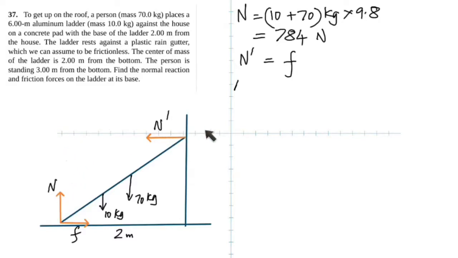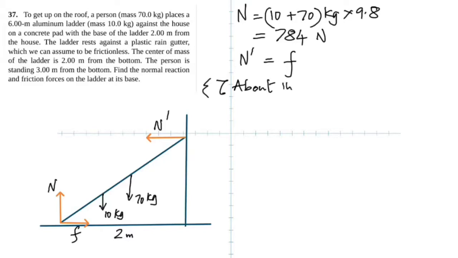This distance. Because you take the perpendicular distance between the line of action of the force and the point. And this distance can be found out from the right angle triangle here. Anyways, that creates the counterclockwise torque, while these two together create the clockwise torques. And they have to be equal.